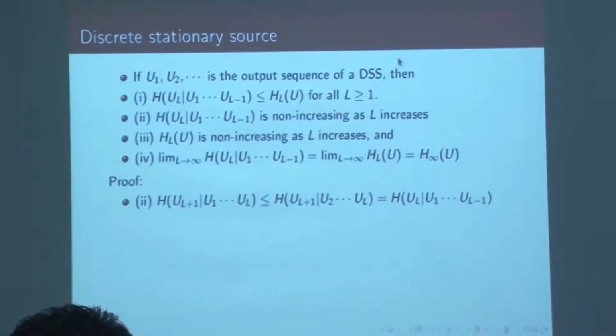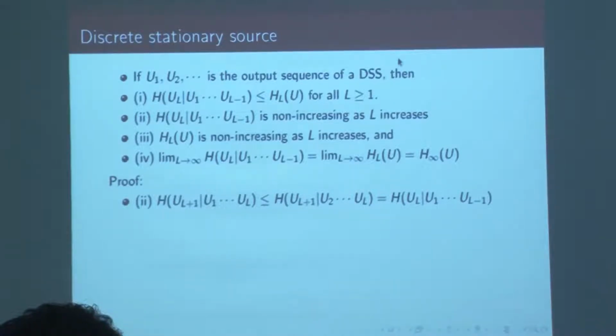source. And as I said, as L goes to infinity, both these measures of describing this uncertainty per letter are the same, and this is denoted by what we call the entropy rate of the discrete stationary source. Now, this essentially has the same role as entropy had in discrete memoryless sources.